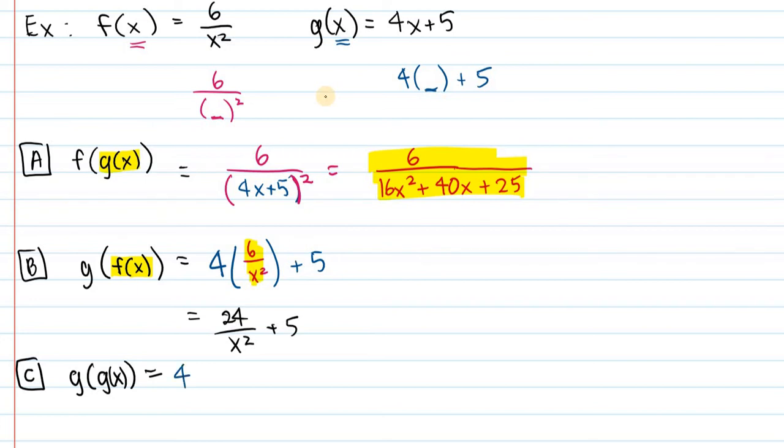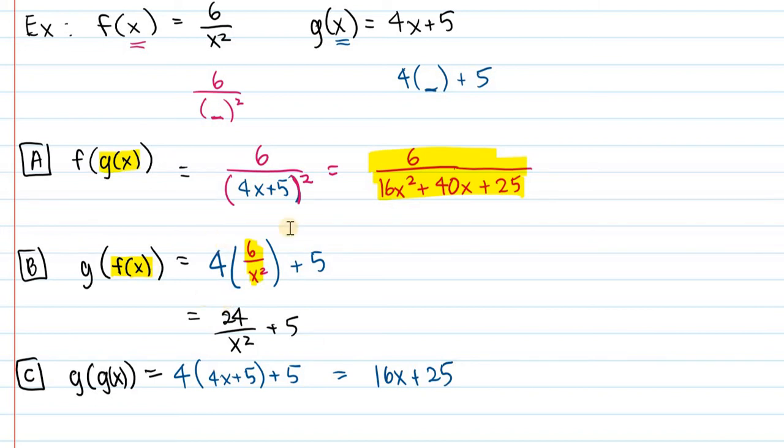So we would have 4, and then we're going to put in 4x plus 5, because that's the g of x expression, plus 5. Cool? So we put the g of x expression into g of x. And again, we can expand that just by distributing and multiplying, and we would get 16x plus 25.